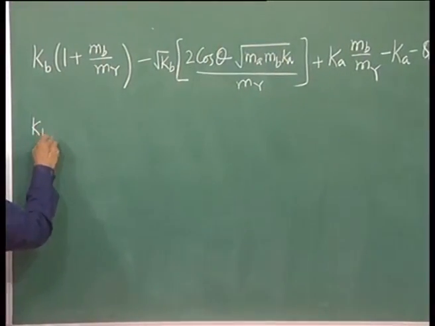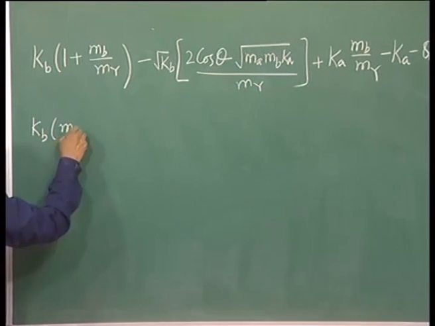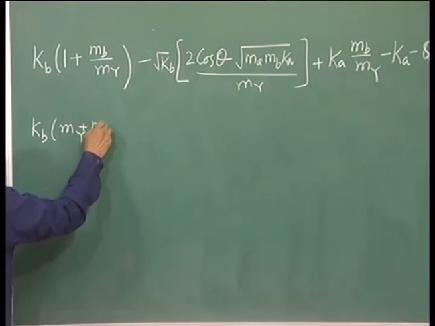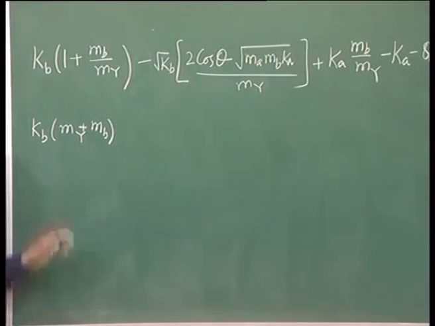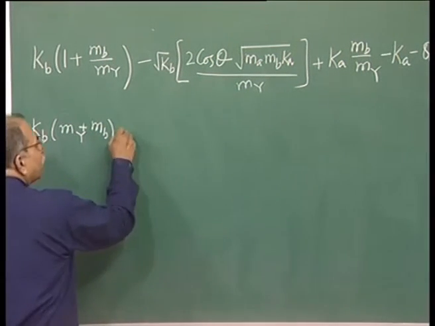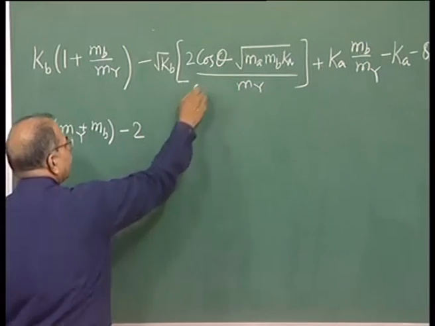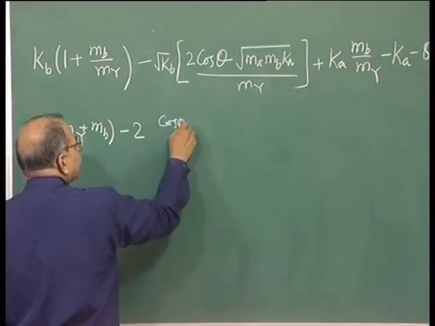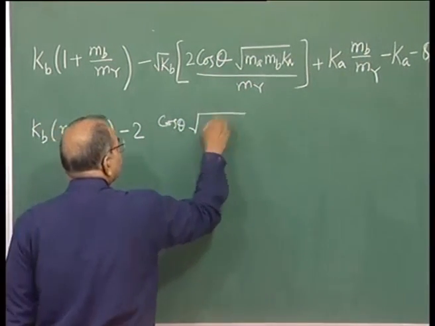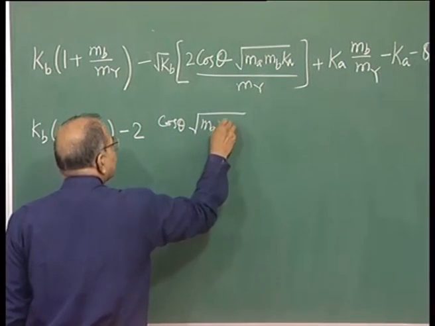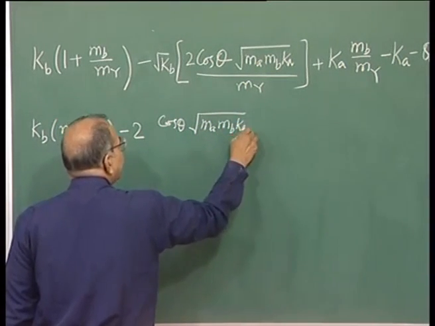You can simplify a little bit, my plus mb. So, I am multiplying everywhere by this my, minus 2 times cos theta square root of ma mb and ka.